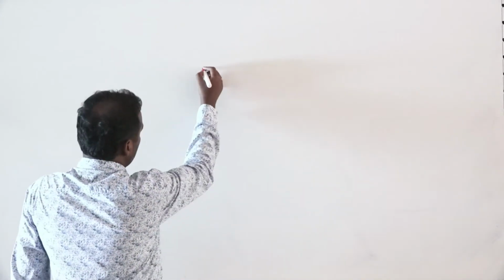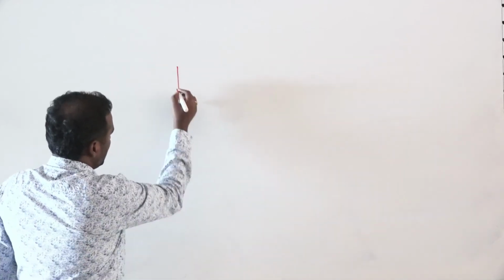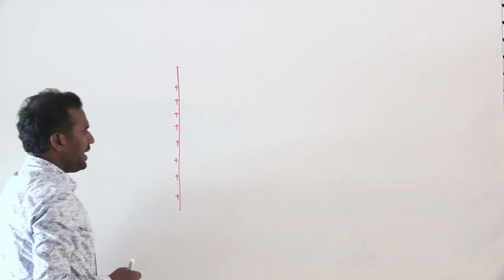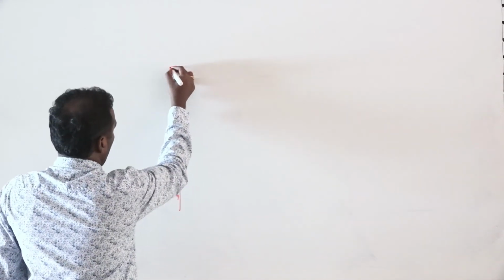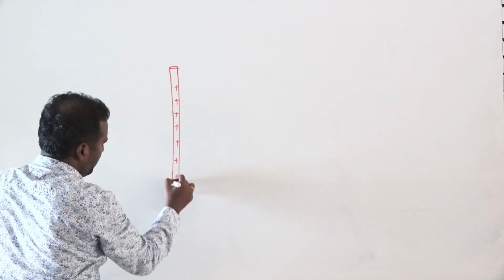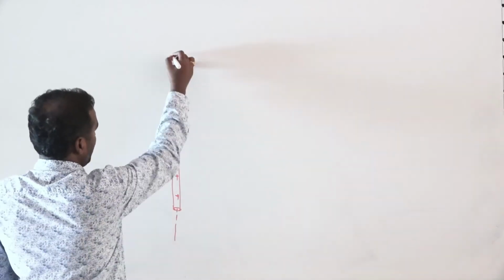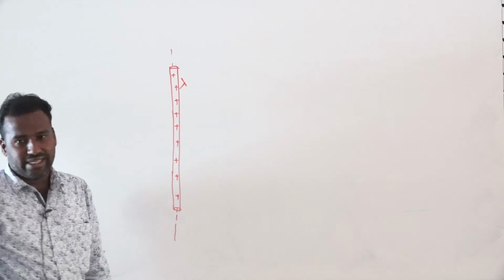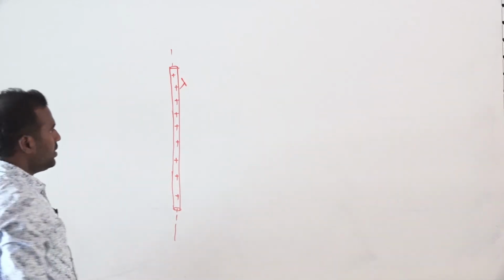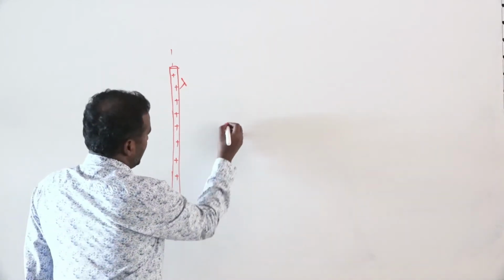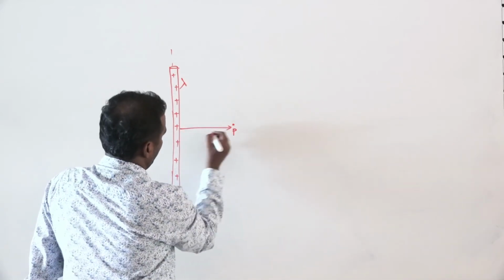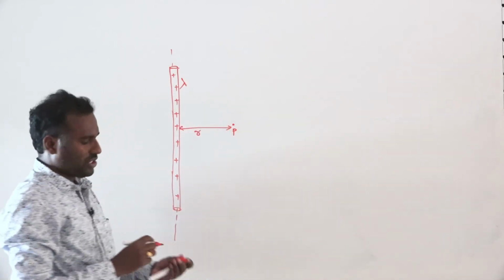So consider a long charged wire, a line charge, with uniform charge density. Here the uniform charge density lambda is the linear charge density. I want to find the electric field intensity at a distance r from this line charge.